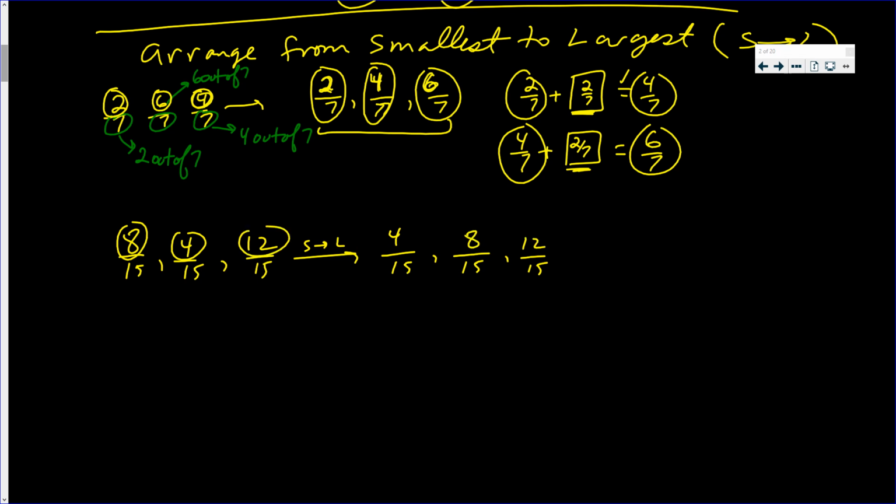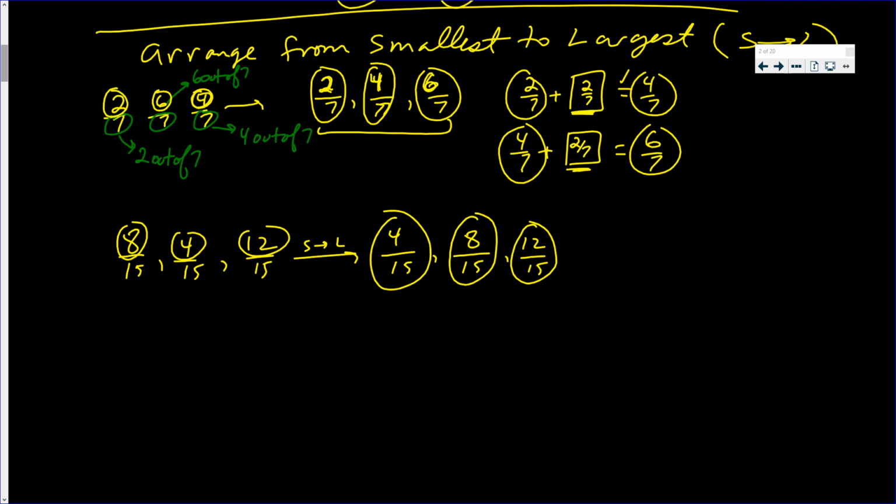It makes sense that if you got 4 baskets out of 15, you did not do as well as a person who got 8 baskets out of 15, and that person did not do as well as the person who got 12 baskets out of 15, or 4 questions right out of 15, or 8 questions right out of 15, or 12 questions right out of 15.